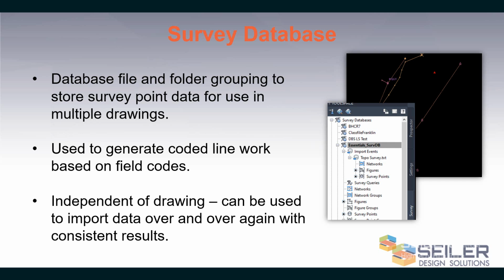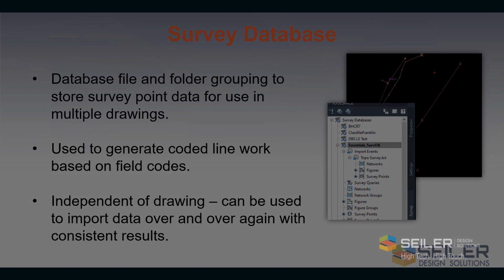Well, the survey database is an external file away from the drawing. It is a file and folder grouping to store survey point data and also survey figure data to use in multiple drawings. It's used to generate the survey figures, the coded line work, based upon your field codes, and it's independent of the drawing, can be used to import data over and over and over again with consistent results.